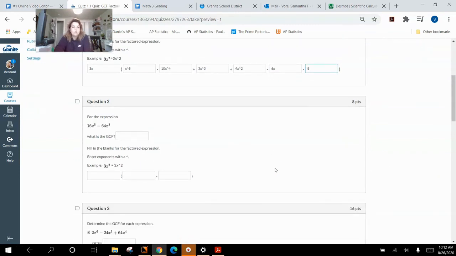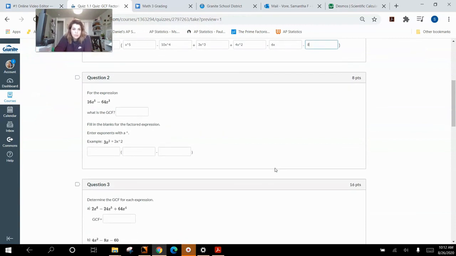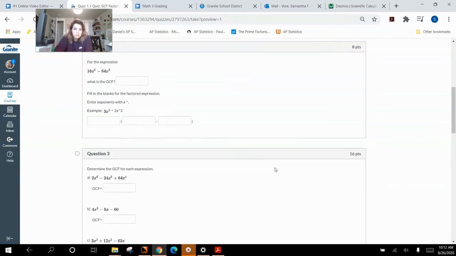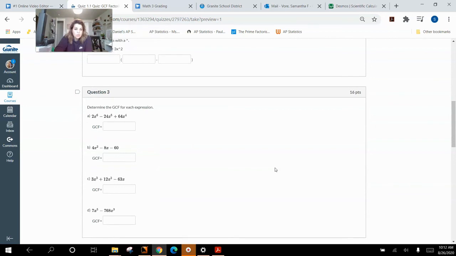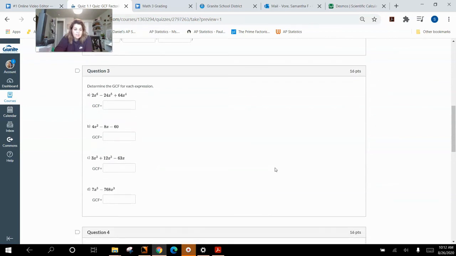Question 2 is also from the notes, so I'm going to skip that one. Question 3 just wants you to go through and list the GCF. So you don't have to factor it. All you have to type in here is the GCF. So the first one's pretty easy. It's 2x to the 4th. So that's all I type in.